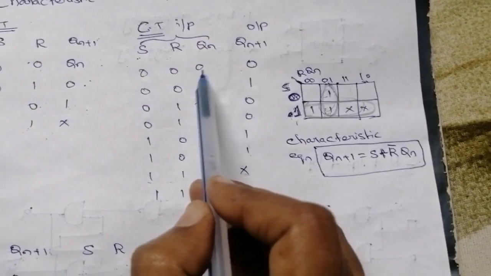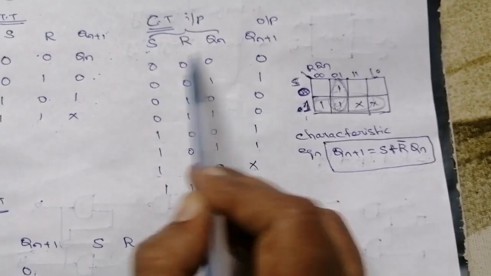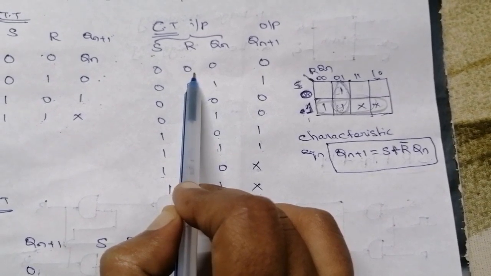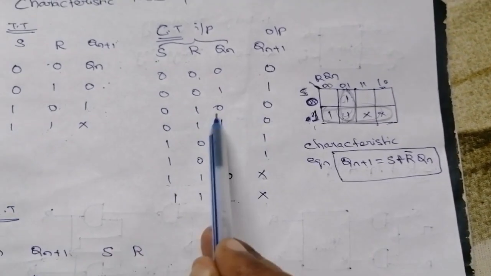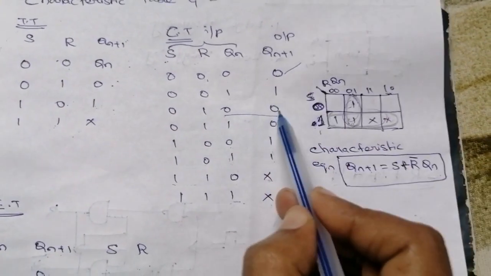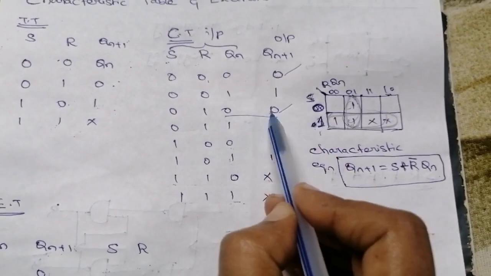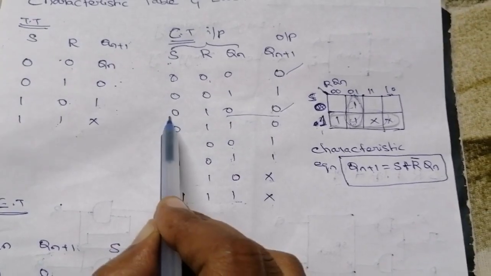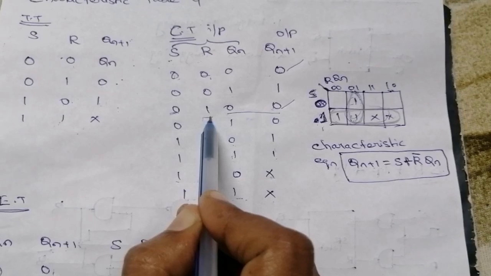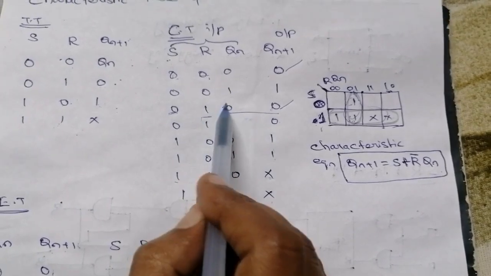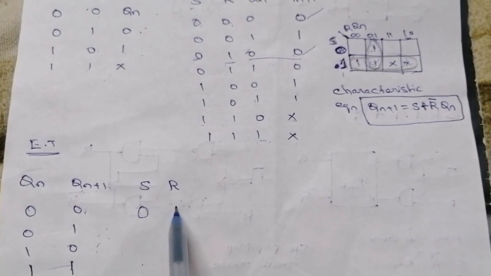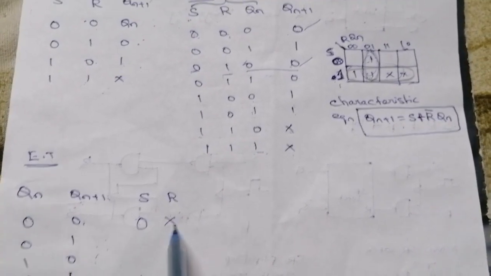In the characteristics table, if Qn is 0 and Qn plus 1 is 0, there are two combinations, in this row as well as this row. In both rows, the S value is 0 and the R value is 0 or 1. So from these two combinations, we can write S as 0 and R as X, right?